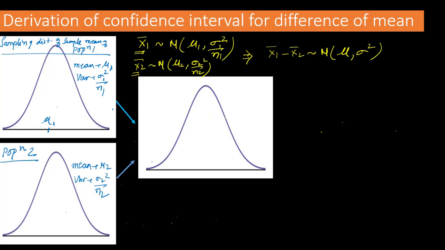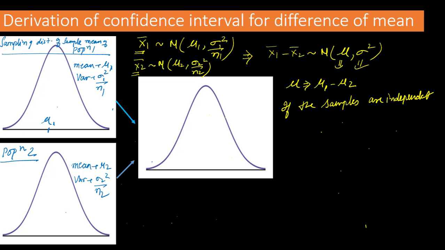So what is this mu and what is this variance? This mu would be the difference of the means of the two populations, that is mu1 minus mu2. And if the samples are independent, then sigma square would be sigma 1 square over n1 plus sigma 2 square over n2.